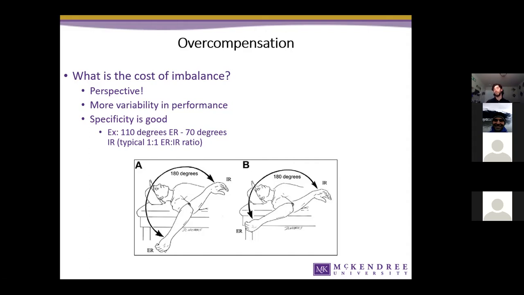This is a very, very specific example of specificity because it is representative of most overhead athletes because of the constant motion that they're having to go through. Like with a pitcher, they bring their arm forward, so the lack of mobility comes here, and the more mobility is in this position. I can't do it right now because when you have that specificity, there is an obvious change in tissue behavior.